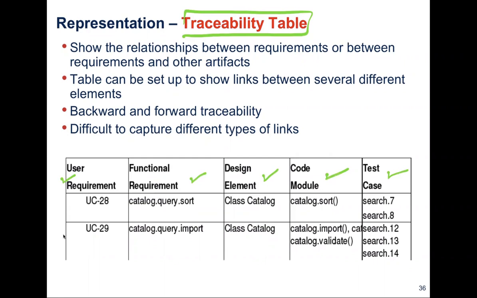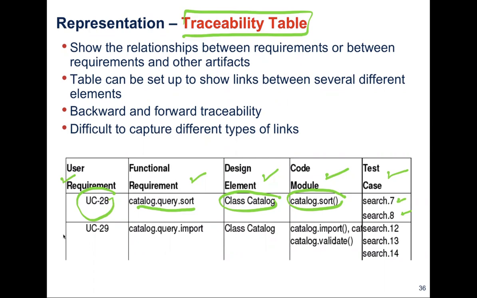You can see here, if we have the use case, the user requirement, at 28, the functional requirement is catalog.query.sort, the class in the design this is mapped to is the class catalog, and the function or module in the code this is related to is the catalog sort. And the test case could be either search 7 or search 8 based on the status of search.